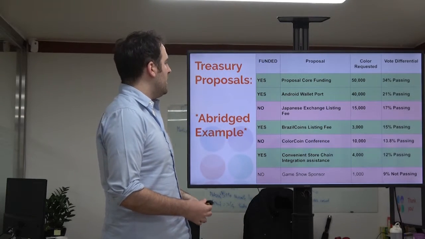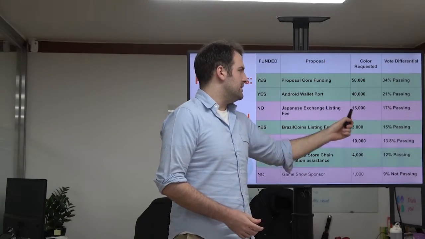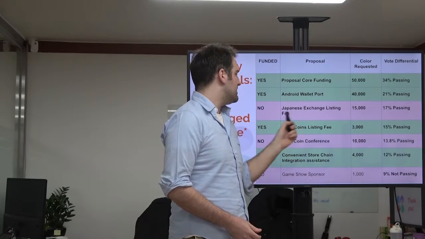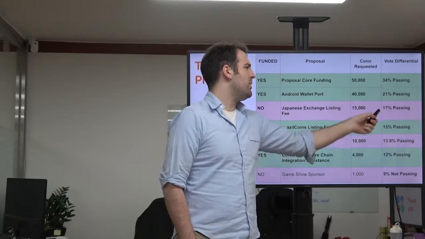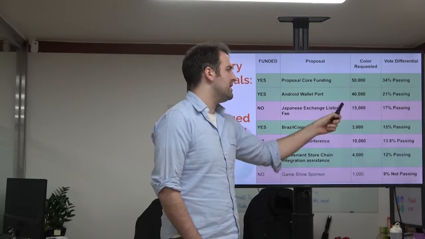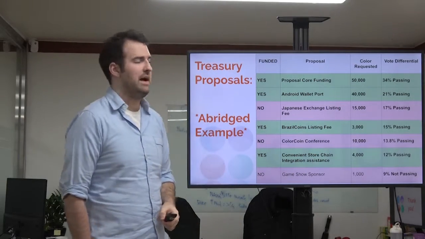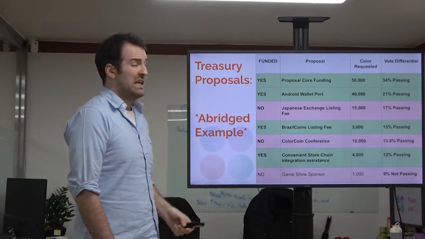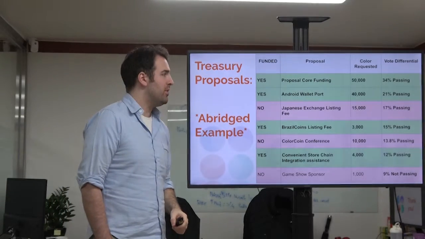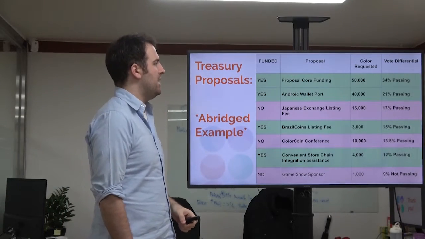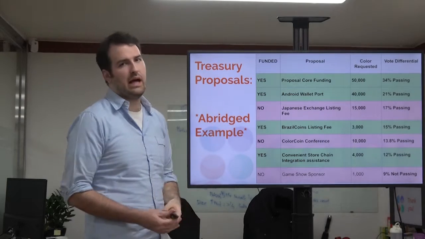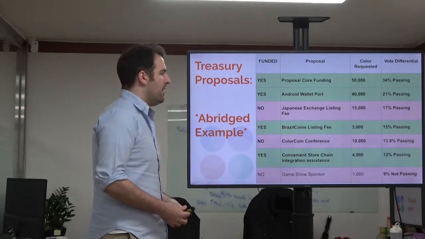But next we have the Japanese exchange listing, and remember I said there's only 100,000 coins. A lot of people want that to happen, however, there's not enough coins left in the treasury for that to pass. So that'll get kicked over to next month's proposal listing, and that may or may not get funded depending on how the votes go next month.